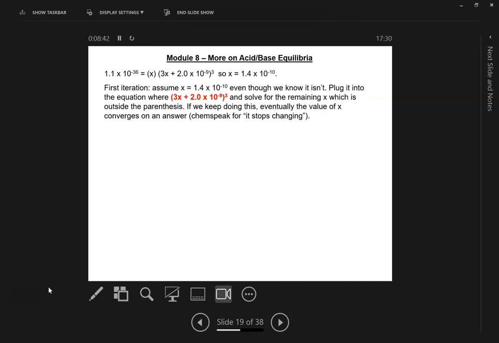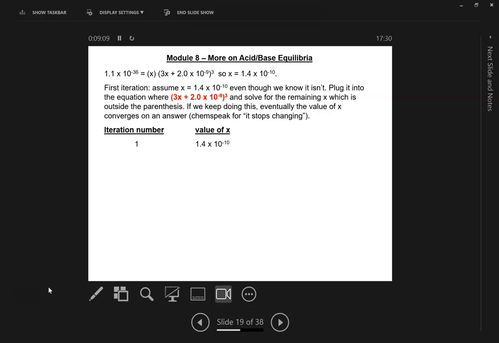Now, we're going to plug this into the red part here, the 3x plus 2 times 10 to the minus 9th, and I'm going to solve for the remaining value of x, which is in front of that cubic, okay? If I do that, eventually the value of x converges on an answer.